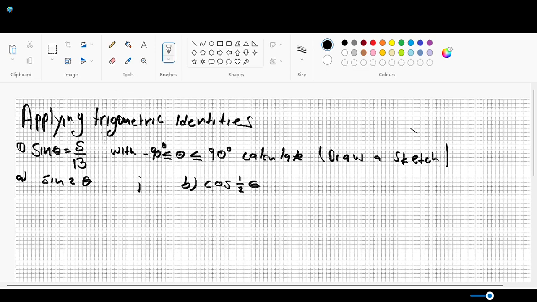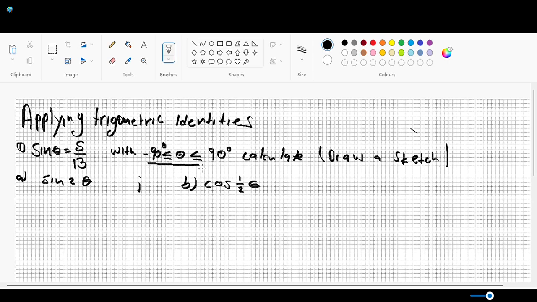Now let's look at this problem here. You are given information here. The first information that is given to you is this one here. They say to you sine theta is equal to 5/13. This is the information that you're going to use, very important. And also they give you the interval of theta.